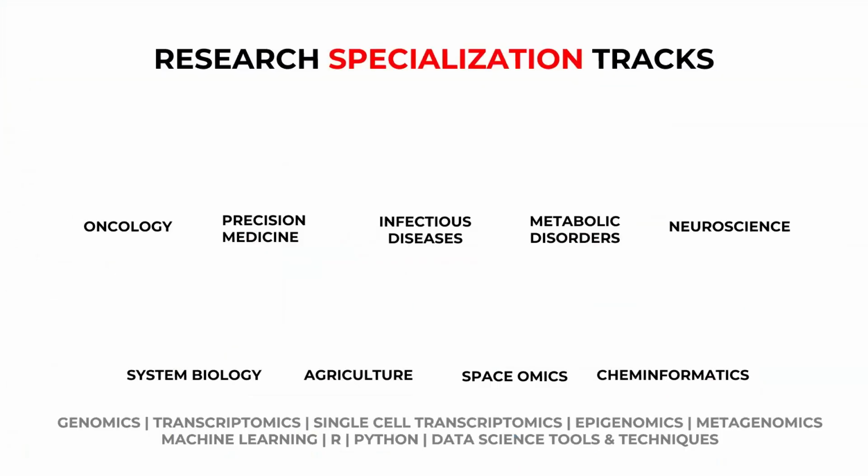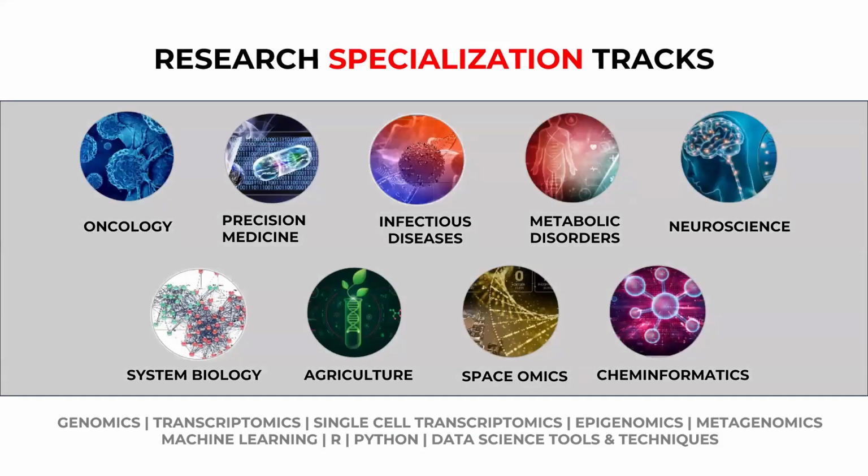Now, what are the different research specialization tracks that you can pick? So once you have gained an expertise with a specific type of omics data, the next step is to pick up a field of research that you would like to work on. Either it could be oncology or precision medicine or infectious diseases or metabolic disorders or neuroscience or system biology or agriculture, space omics, or maybe cheminformatics.